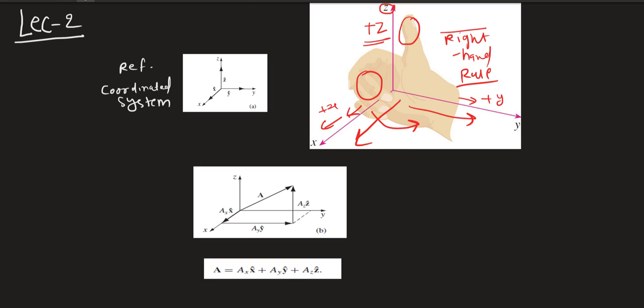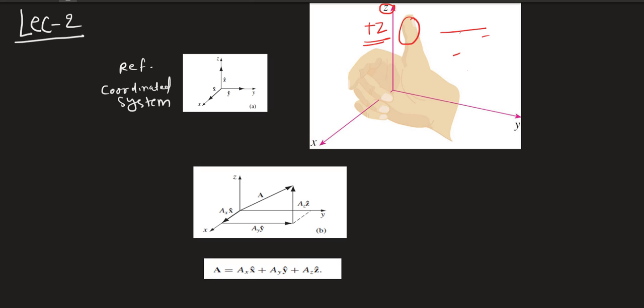And exclusively we will be using this coordinate system for our theory, which we will be laying out in further lectures, okay? Now, I also wanted to tell you one thing. We have detected what is the direction of plus z.